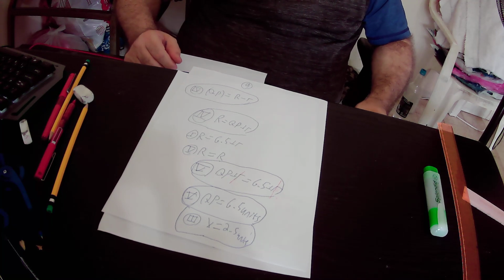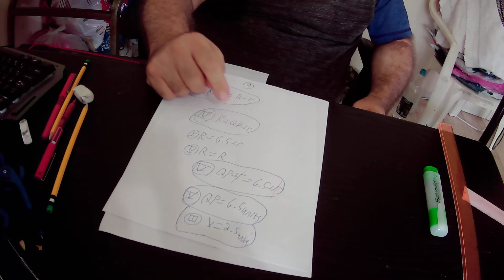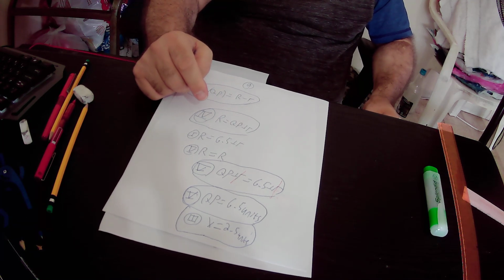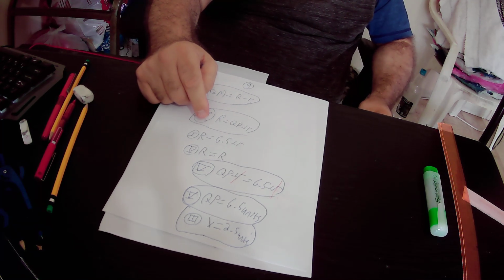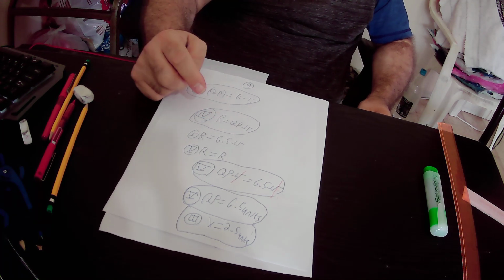So according to equation number 4, capital R equals QP plus r, and we have equation number 1 that states that capital R equals 6.5 plus small r.